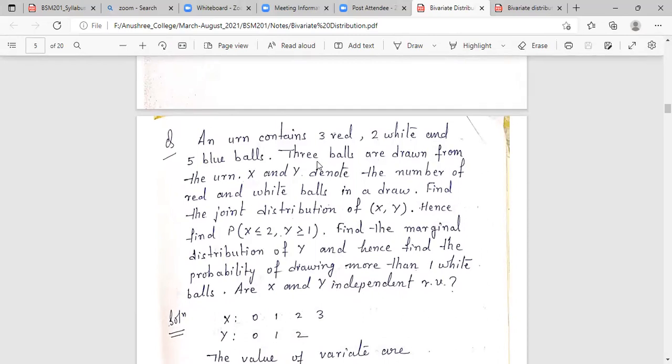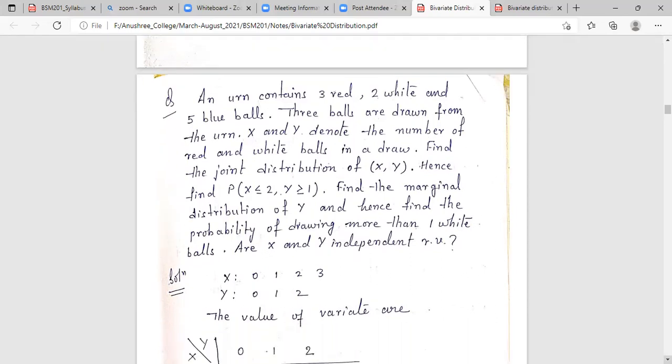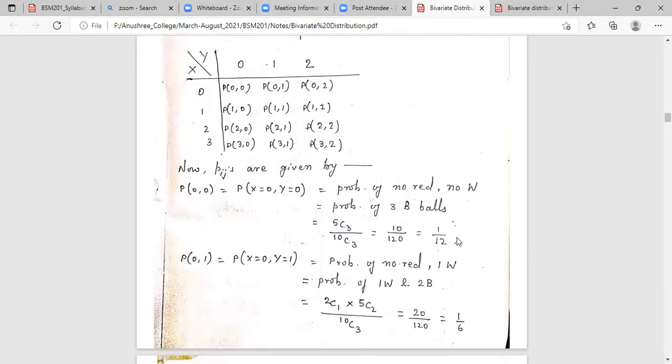Look at the problem. 3 balls at random, and no red, no white. That means all three balls are blue. So the probability of getting all 3 balls blue among the 5 is 5C3, obviously, divided by the total number of ways, 10C3. So it's 10 by 120, that is 1 by 12. So this is the corresponding probability P00.